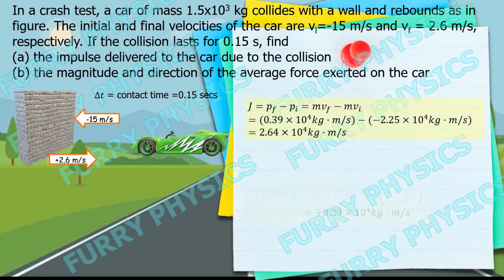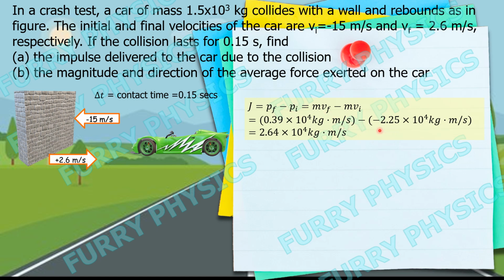Since we know the final and the initial momentum, we can now get the impulse delivered to the car due to the collision. So the impulse is equal to the final momentum, which is 0.39 times 10 to the 4th kilogram meter per second, minus the initial momentum.